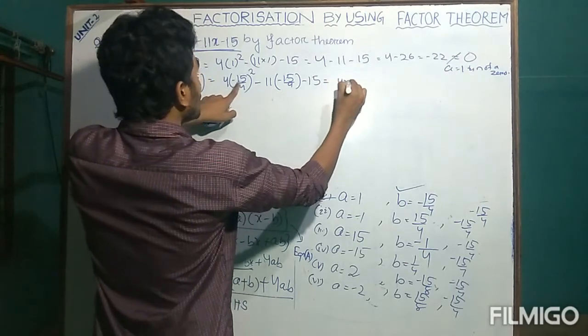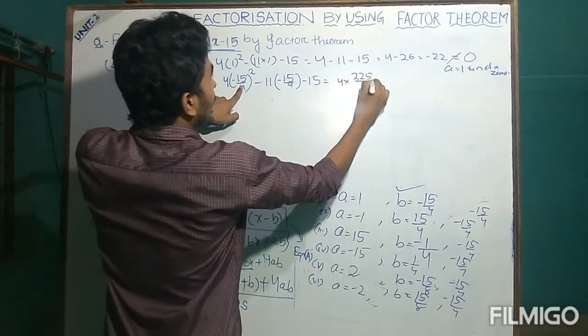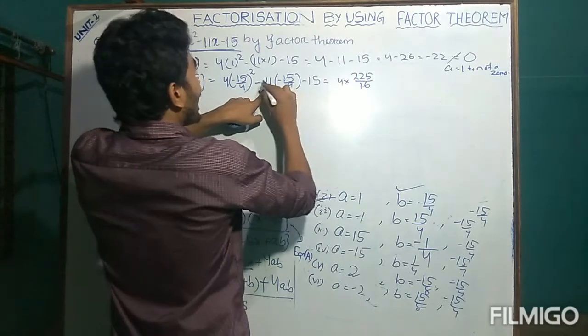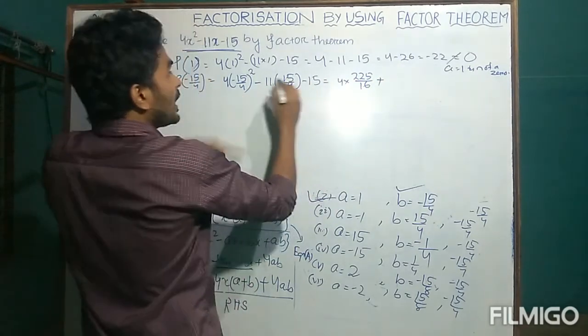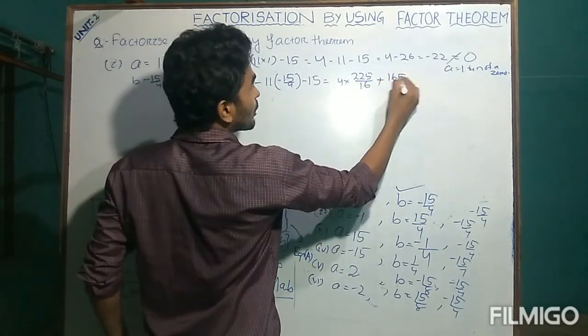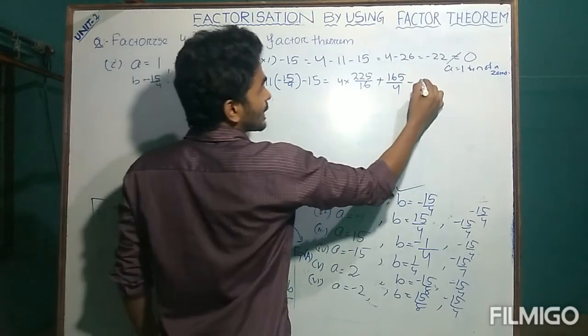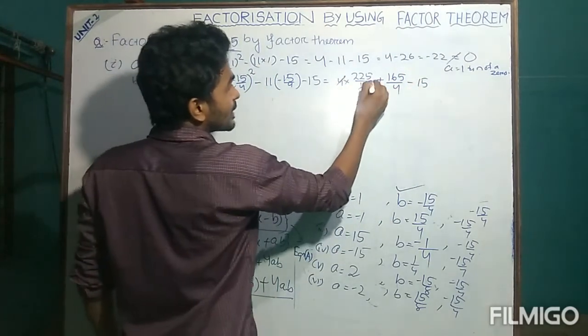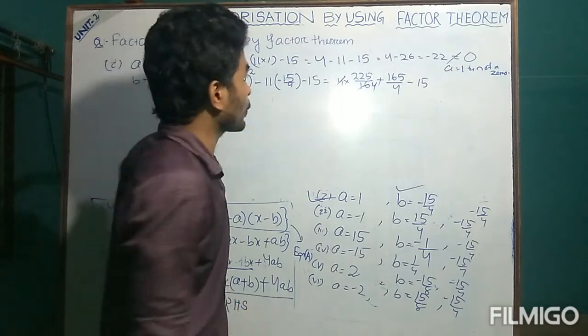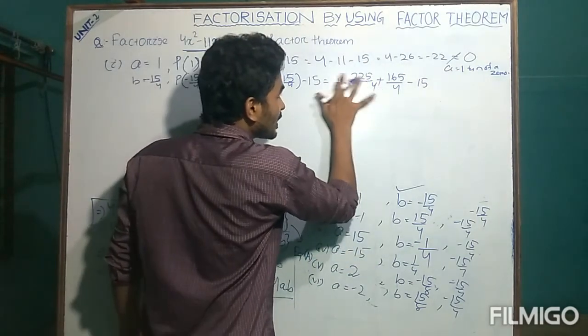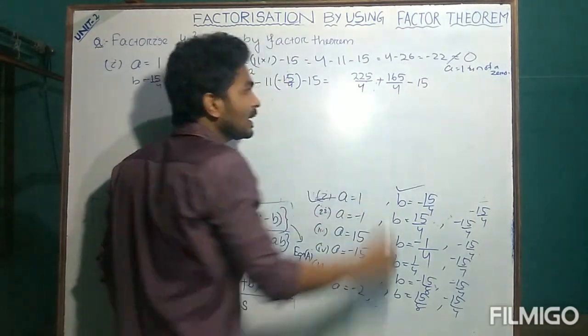So 4 into 15 square is 225 by 16, and minus minus plus, 15 into 11 is 165 by 4, and minus 15. Now 4 cancels, so 225 by 4.